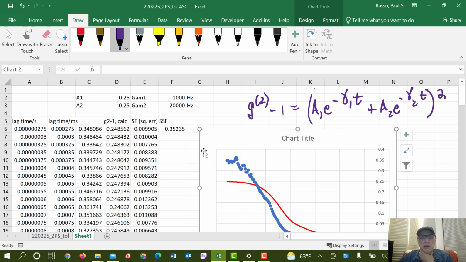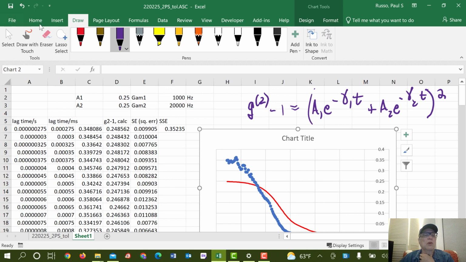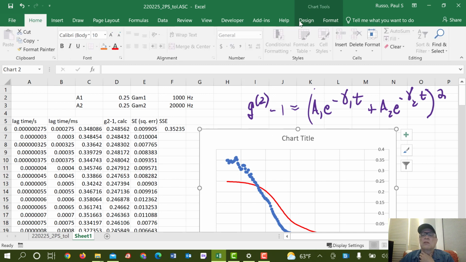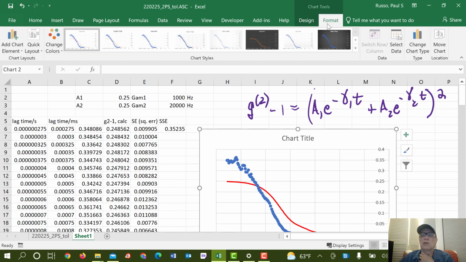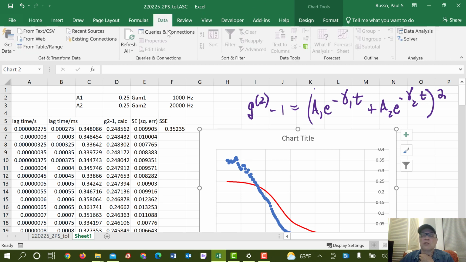And then we need Solver to come in here and fix this. Hopefully we can get it working. Design, format, home. Add-ins, data. That's under data, isn't it? Yes.